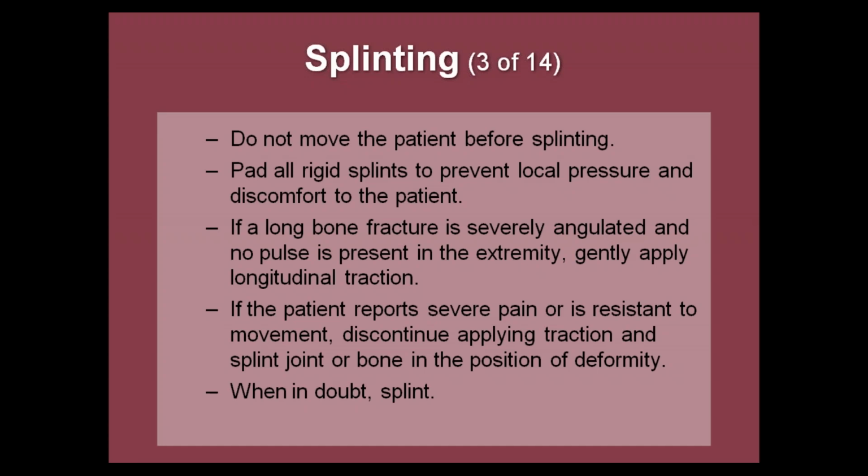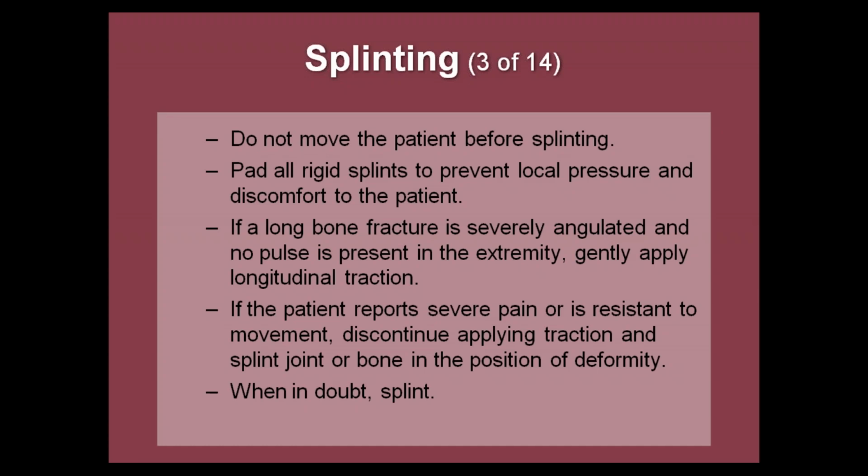If a long bone fracture is severely angulated and no pulse is present in the extremity, gently apply longitudinal traction. So you're going to pull on it to relieve some pressure off of whatever vessel is occluded.